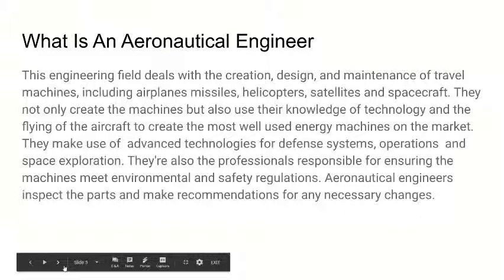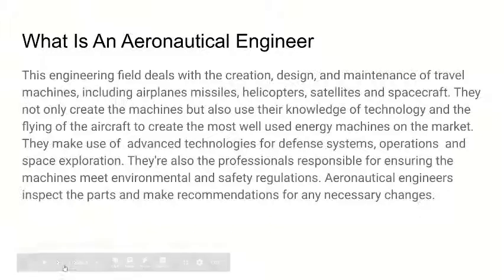What is an aeronautical engineer? This engineering field deals with the creation, design, and maintenance of travel machines, including airplanes, missiles, helicopters, satellites, and more spacecraft. They not only create the machines, but also use their knowledge of technology and flying of the aircraft to create the most well-used machines on the market.